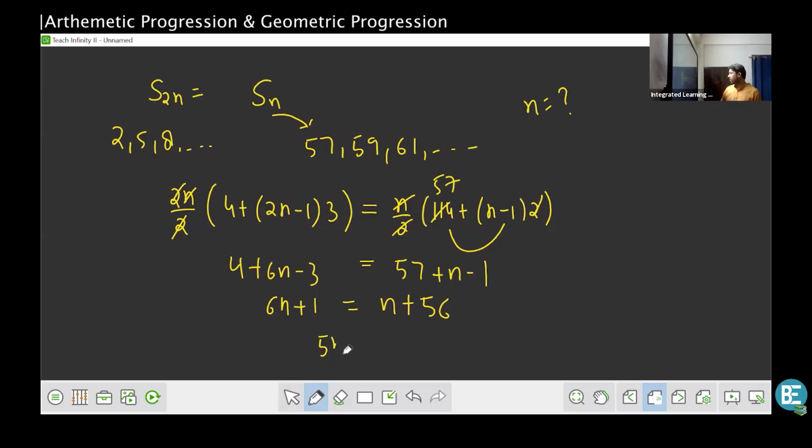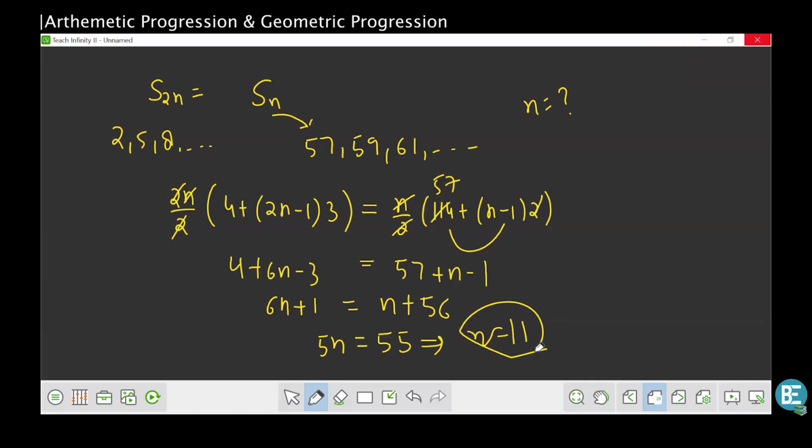That gives us 5n is equal to 55, and that simply gives you n is equal to 11. Clear? Did everyone get it? Yes, sir. Great.